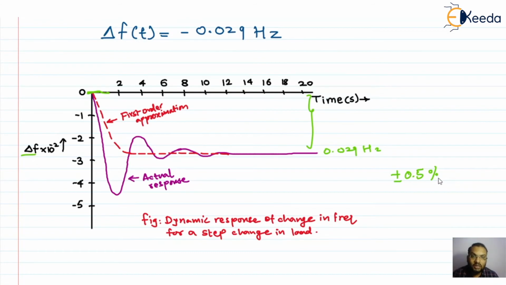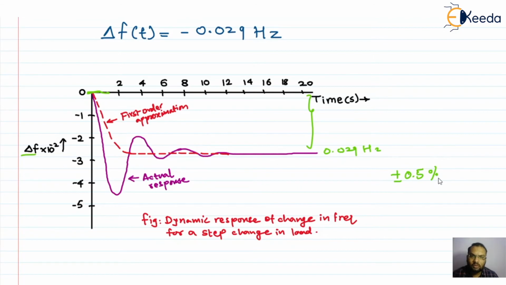If we are using that synchronous clock for time calculation, and the frequency shows so much fluctuation, then your synchronous clock will also not show you the correct time. So you may miss that privilege of having the synchronous clock to monitor the time as well.